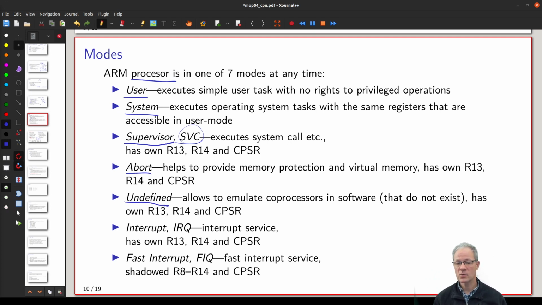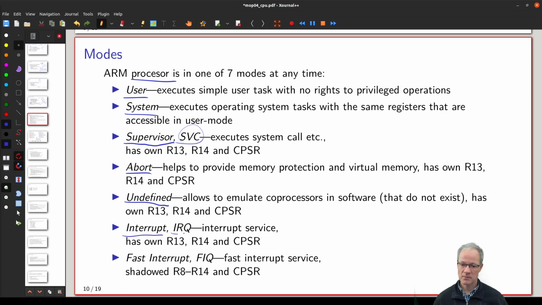You could have a square root, for example, as part of a coprocessor. Or you could have a program that calculates the square root using Taylor series or whatever other method. The program will be longer, but what if your hardware does not have this coprocessor? Then you're still going to need a program that emulates it. That's where you can use this undefined mode.